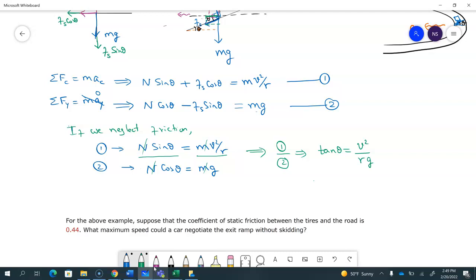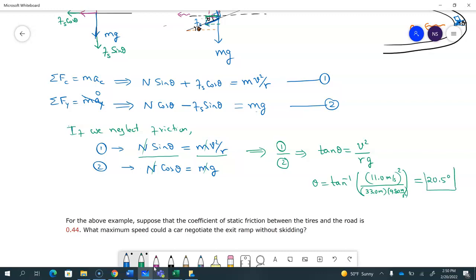Or I can calculate the theta. It's the inverse tangent of v squared over rg, and v was 11 meters per second. So I square that. R was 33 meters and g was 9.8 meters per second squared, and if you calculate it, this comes out to be 20.5 degrees.